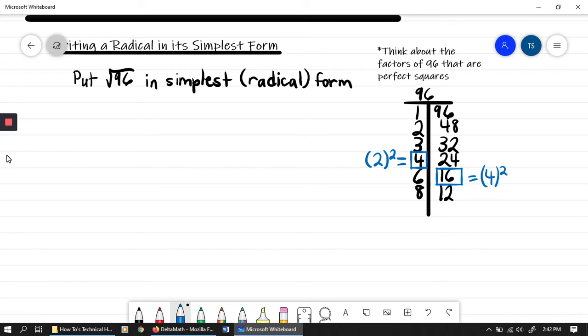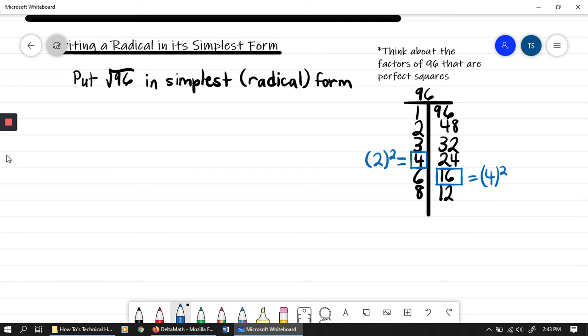Okay, so once we have considered those perfect square factors of 96, we want to choose the larger or bigger perfect square factor. We want to choose that group that has the largest perfect square in it.